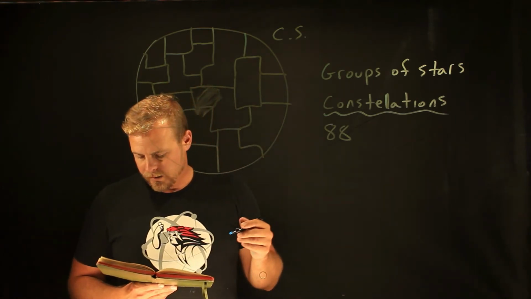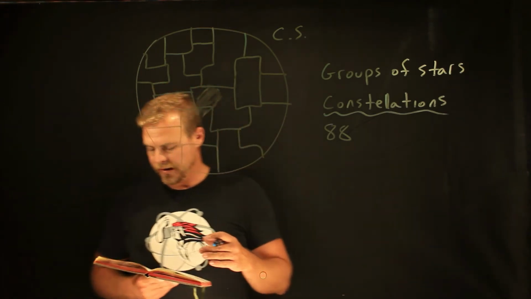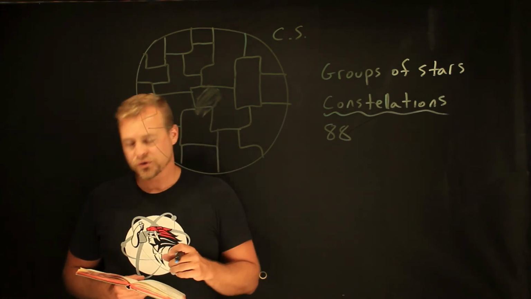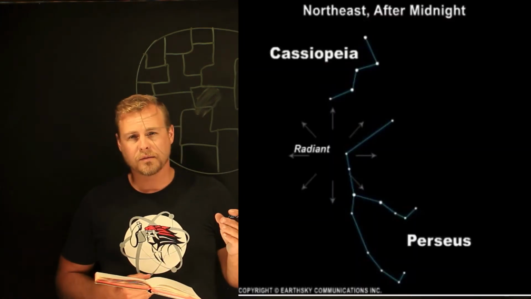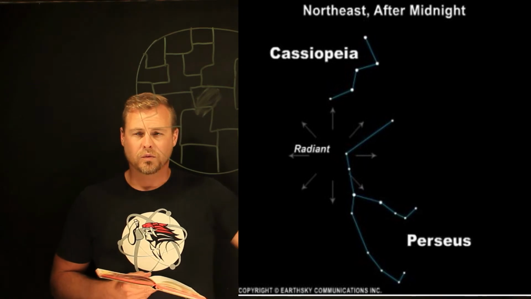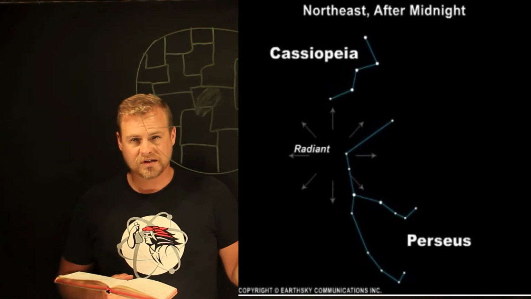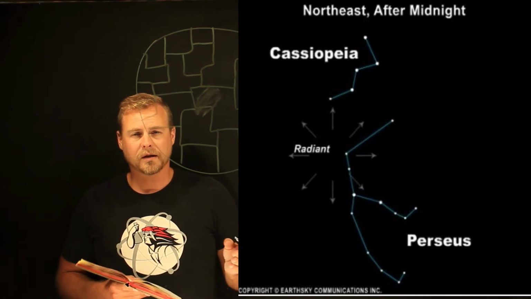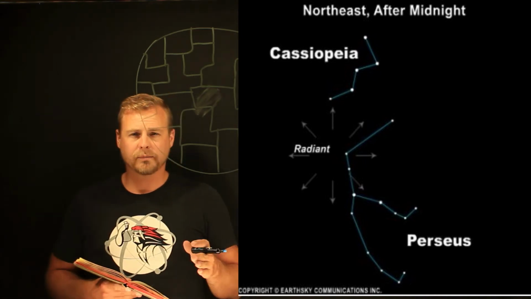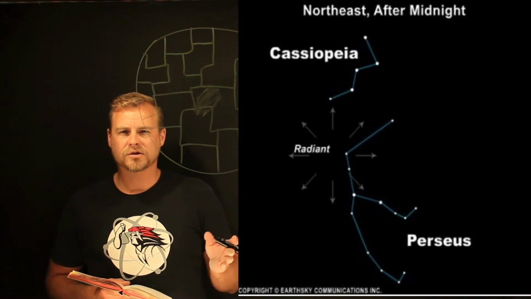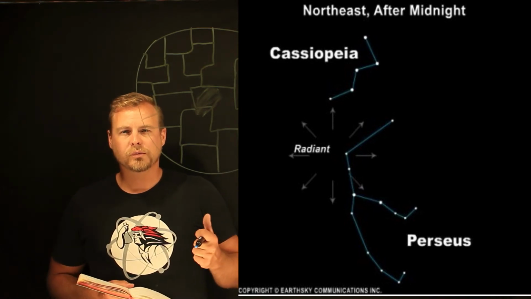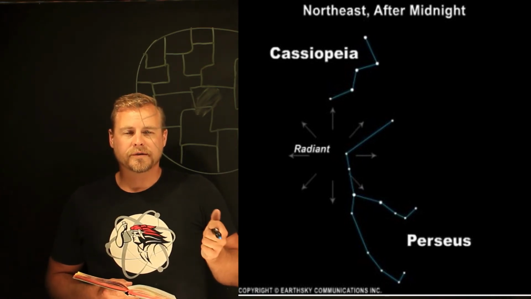Right now, actually, is a great time to see the Perseid meteor shower. It's located in the Perseus constellation, which is a little bit below Cassiopeia in the northeastern sky after midnight. The best time to view it would have been middle to late July, but because we just had a new moon, you can go out right now and still see them.